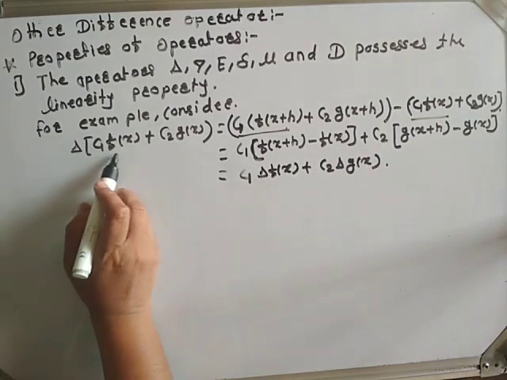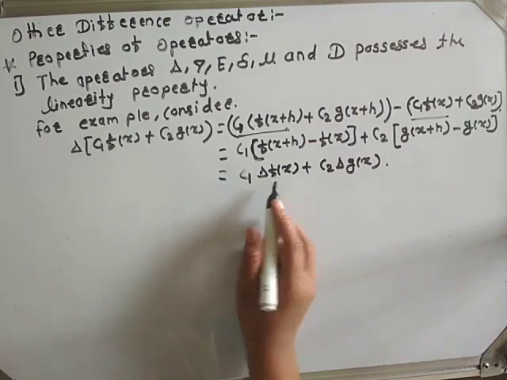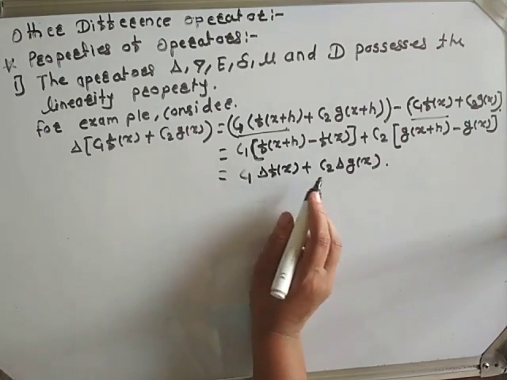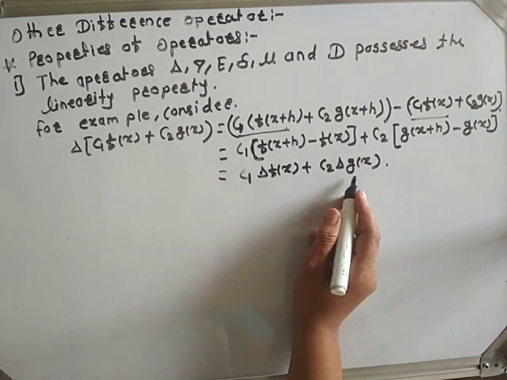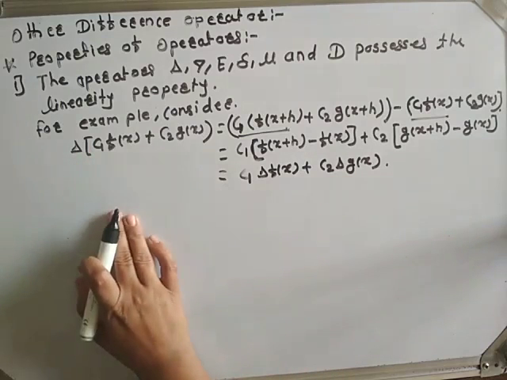Delta of C1 f of x plus C2 g of x can be written as C1 into delta of f of x plus C2 into delta of g of x. Therefore, delta has linearity property.